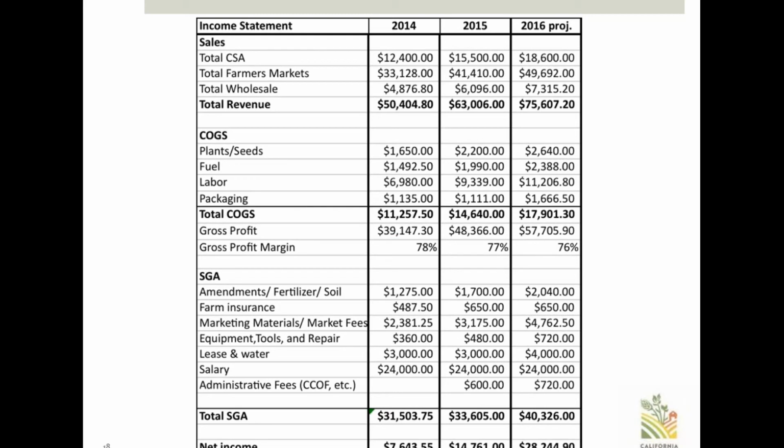And in income statements, people often will do projections to try and plan out how much they think that their business is going to generate in income and paying costs, and then measure that against reality once it happens. I'll just point out here, I mentioned it, the gross profit margin, which is right here, basically says it's 78%.